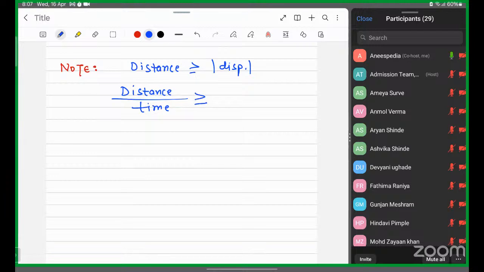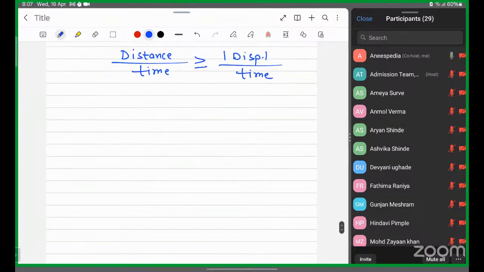This will be greater than or equal to displacement divided by time, which implies that average speed of an object is always greater than or equal to average velocity.